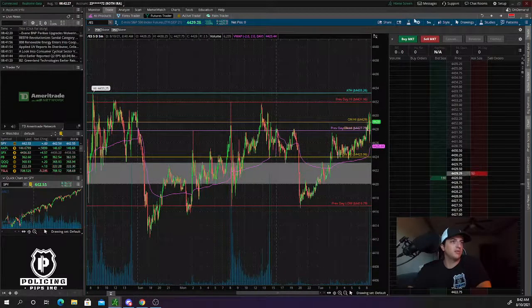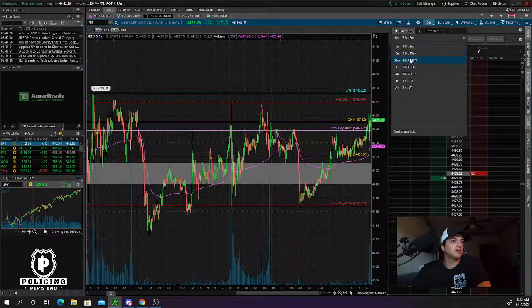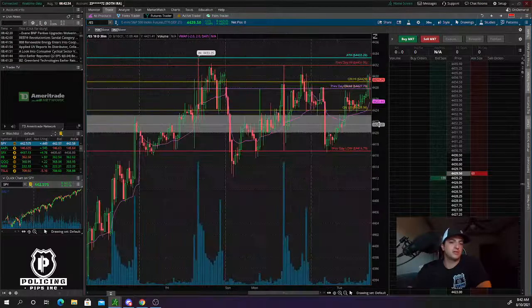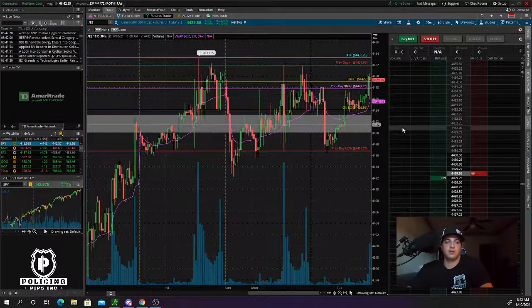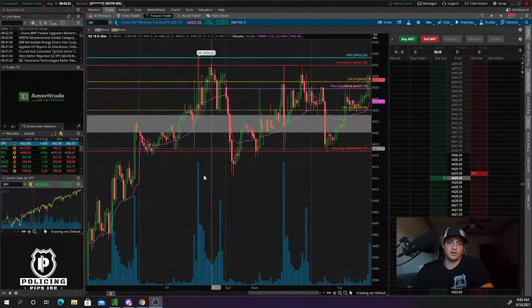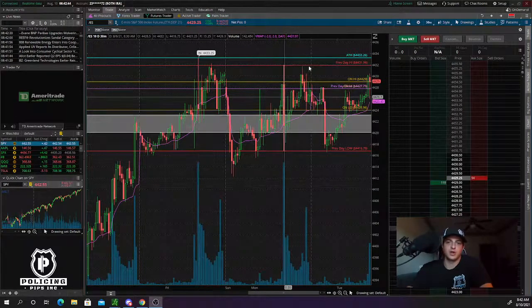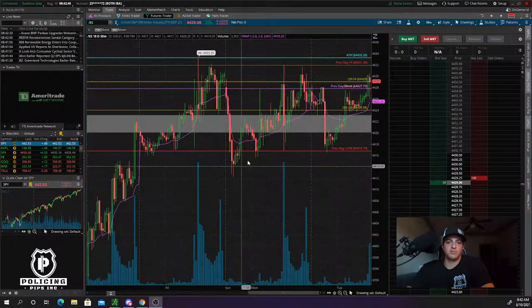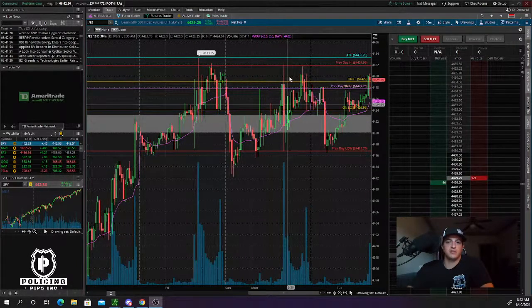Maybe I can clean it up a little with a 30-minute chart. A lot of chop on that. Let's see what I can see. It's a little bit better on the 30, but it's still, look at those wicks. Everything's really been between that previous day low and that previous day high.